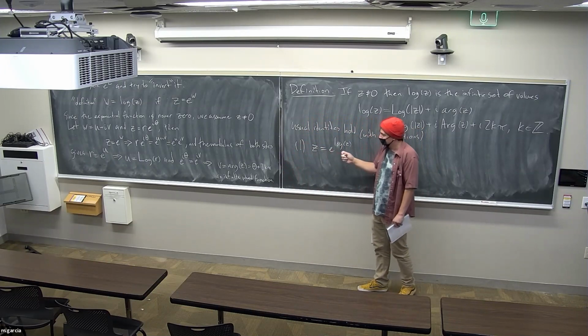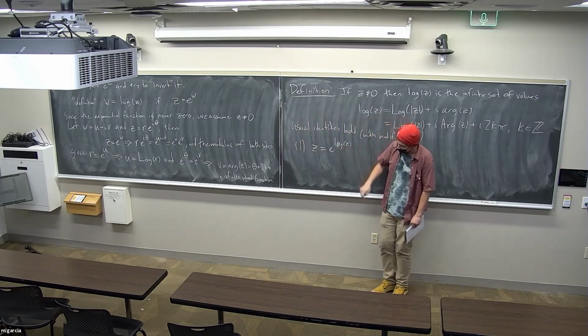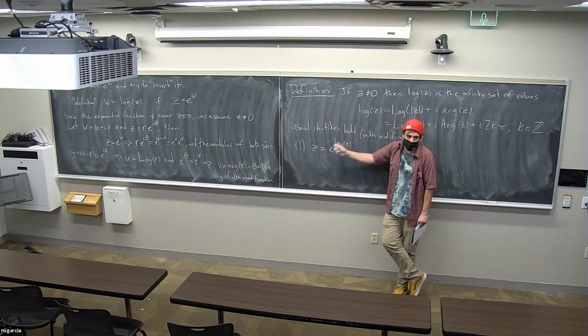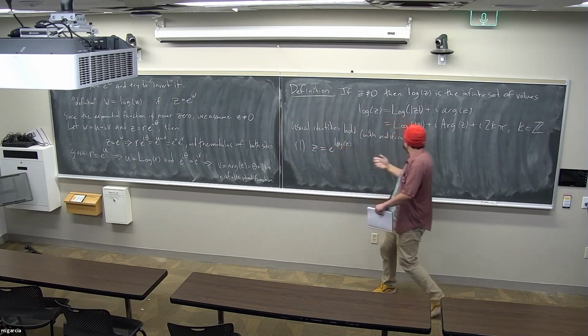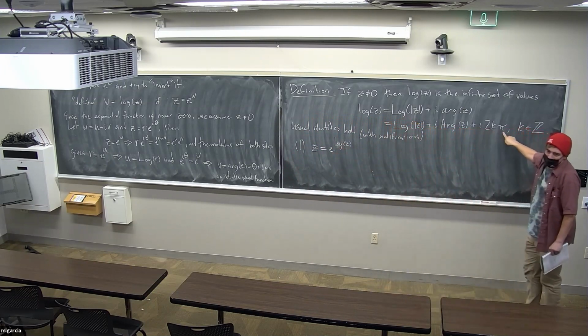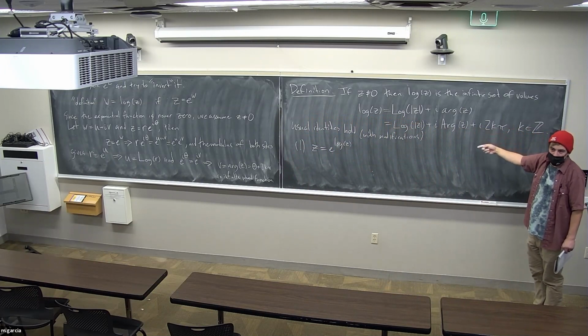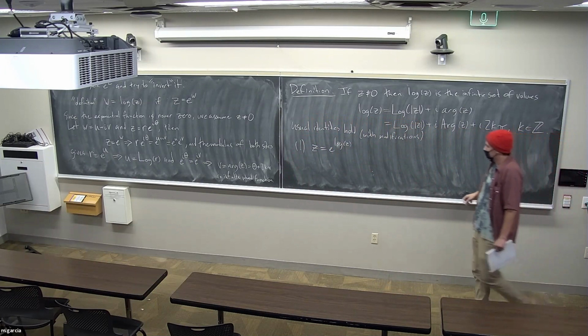Because any of the values of lowercase arg of z I choose for this will give me the same thing for e raised to that, right? Because I could just separate the plus 2k pi out and get a 1.